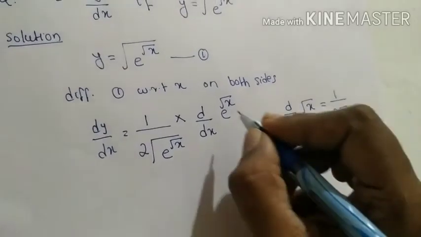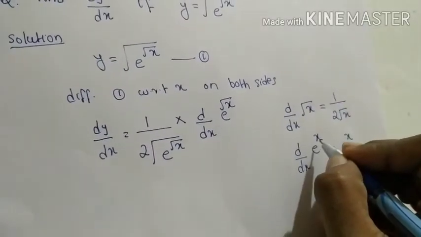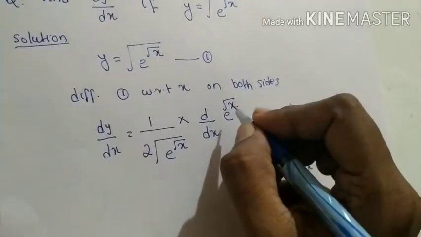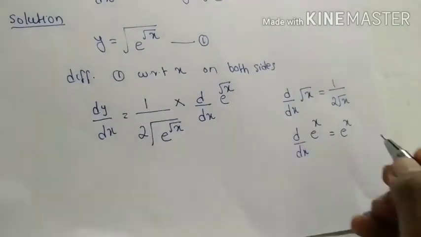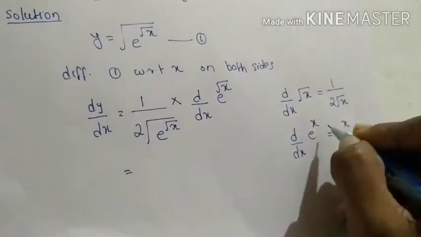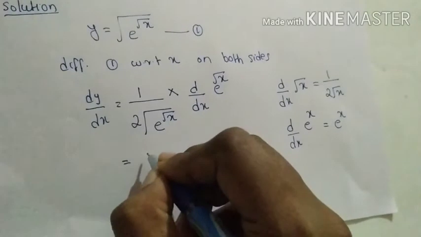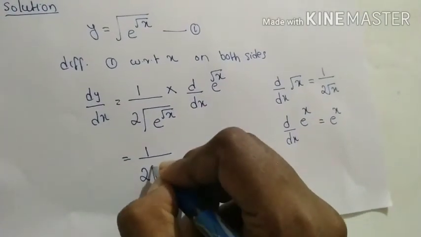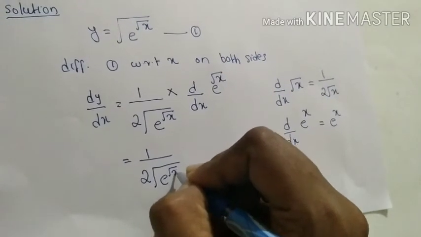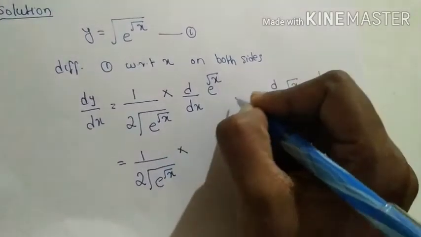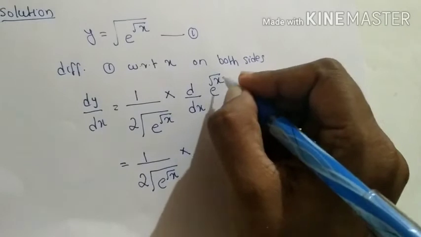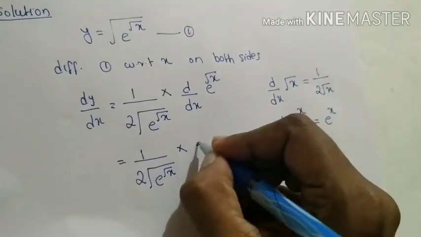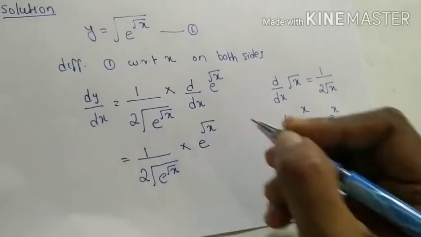But here instead of x, root x is present. So we need to replace x by root x here. So the remaining terms are the same: 1 by 2 into root of e raised to root x, into the derivative of e raised to root x, which becomes e raised to root x.